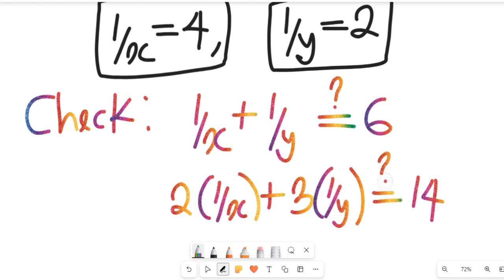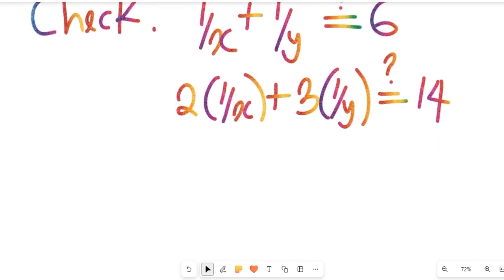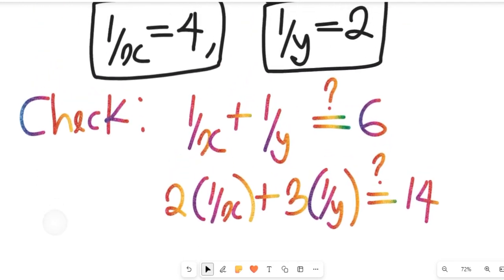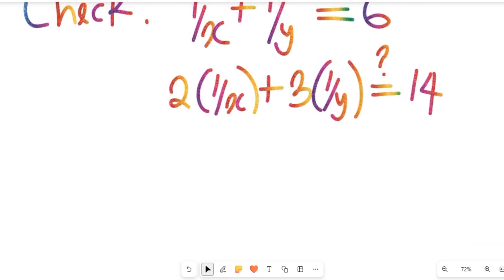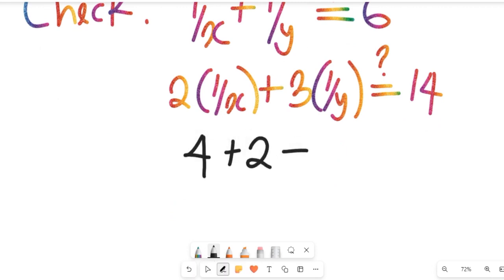Now let's test. Remember, our 1 divided by x is equal to 4, and the other one is 2. So we'll have 4 plus 2, which is equal to 6. So that means that is correct.